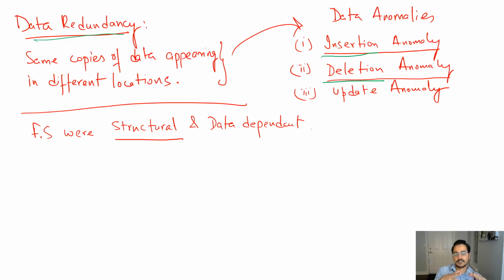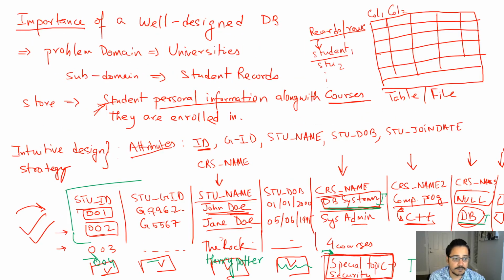That is, dependent on the structure of the files that you have designed. We discussed that example when we were trying to add more courses to this particular file. Anytime we want to add a course, we have to change the whole structure of our files, and all the programs responsible for managing that structure need to be rewritten, which adds on to the development time.